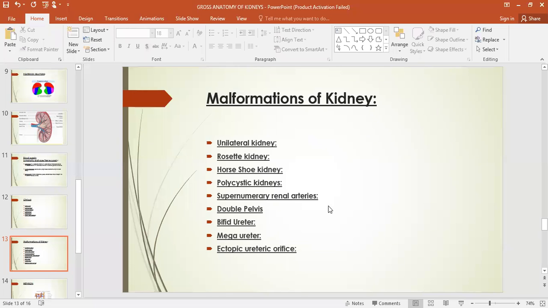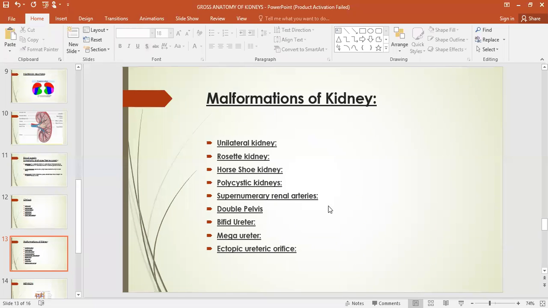So in horseshoe kidney, both lower poles are fused, and when they ascend, they are trapped by the inferior mesenteric artery.